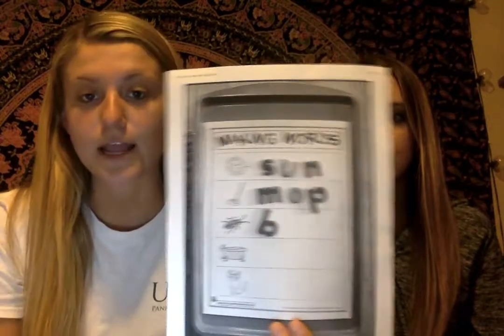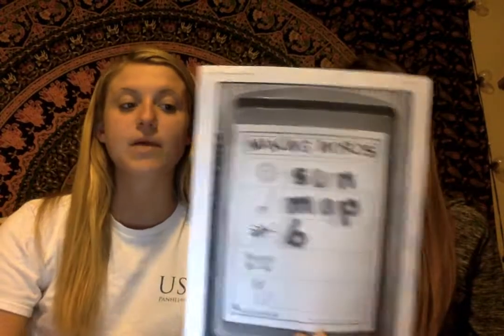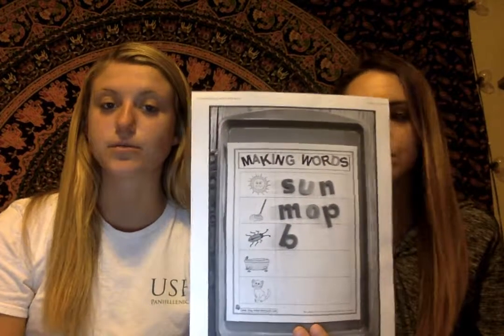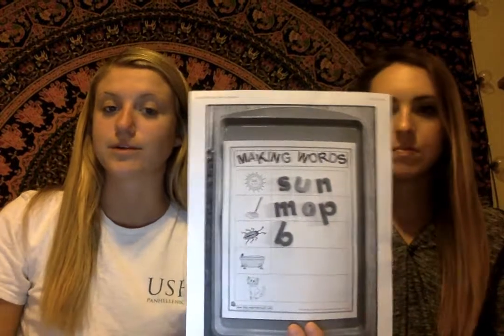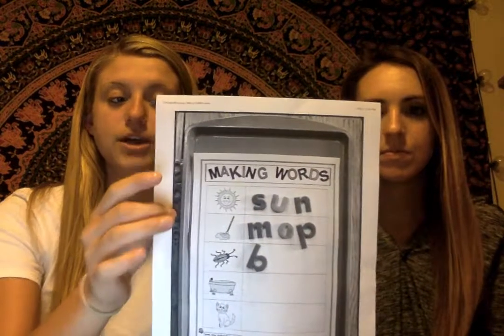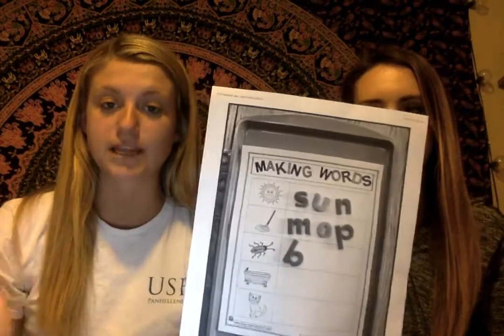For instance, if instead of a sun, it would be a baseball bat, Melanie would have to spell the word bat out with B-A-T, and then she would have to write a sentence using the word baseball bat. This way we see her writing the letter B, understanding what the B looks like, and the sound of the letter B. This way, we'll be able to tell any further strengths or weaknesses that Melanie needs to work on.